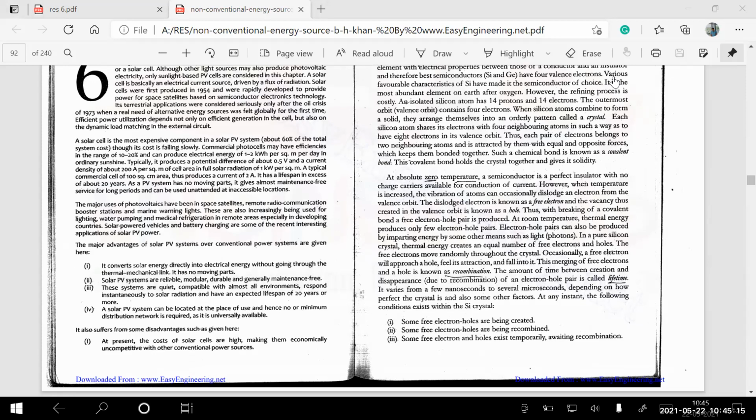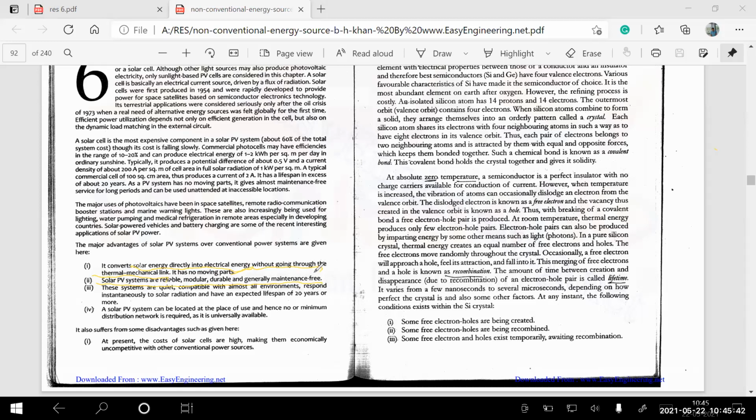The major advantages of the solar PV system over conventional power systems are, it converts solar energy directly into electrical energy without going through the thermal mechanical link. So it has no moving parts here. Solar PV systems are reliable, modular, durable, and generally maintenance free.